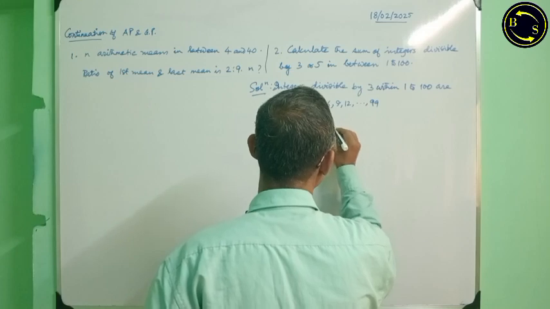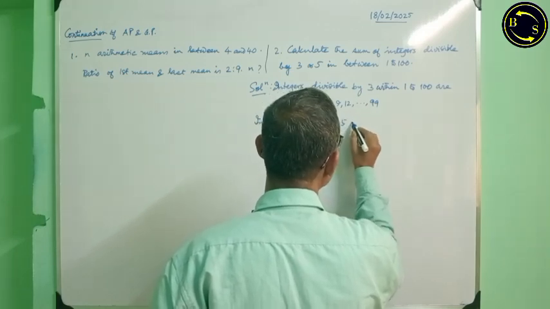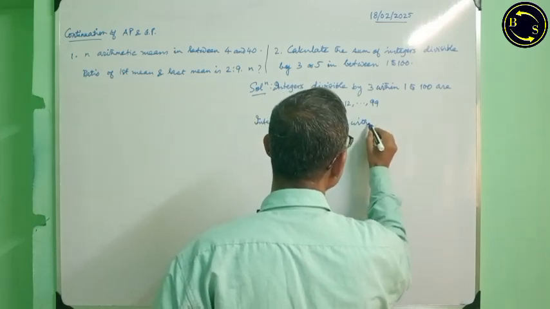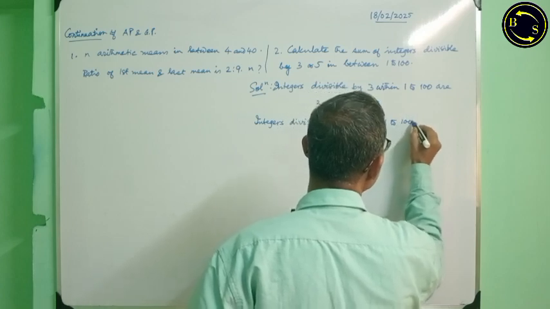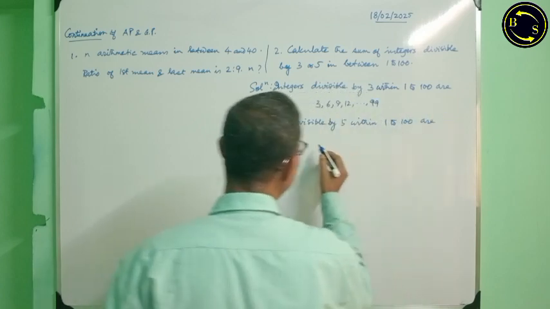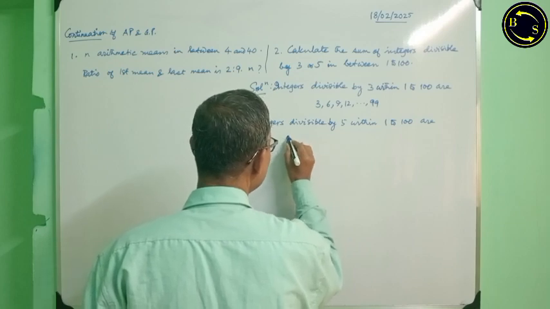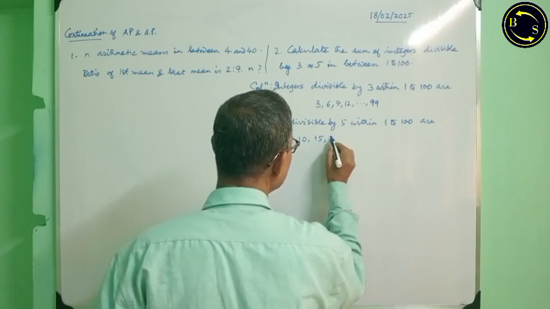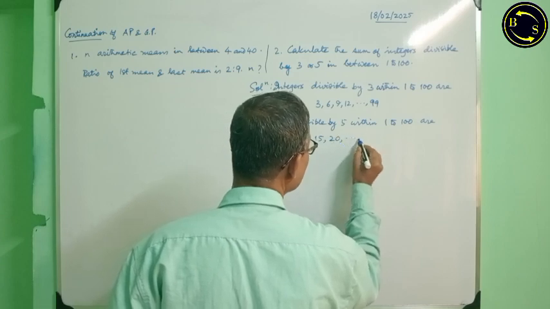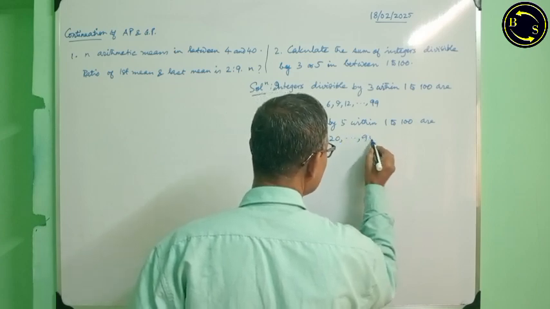Divisible by 5 within 1 to 100 are 5, 10, 15, 20, up to 95.